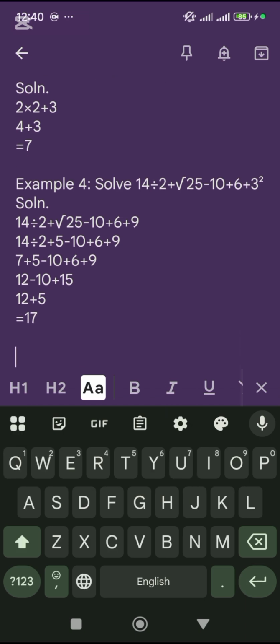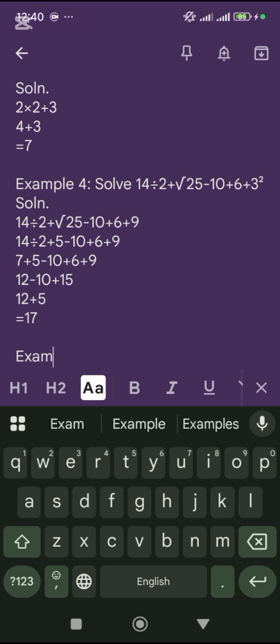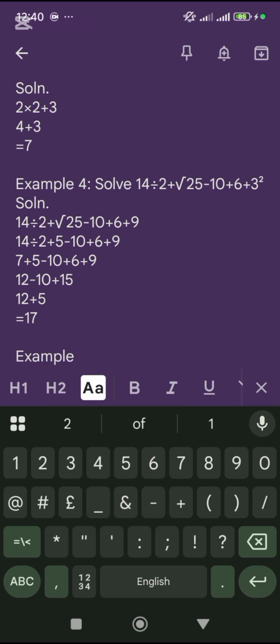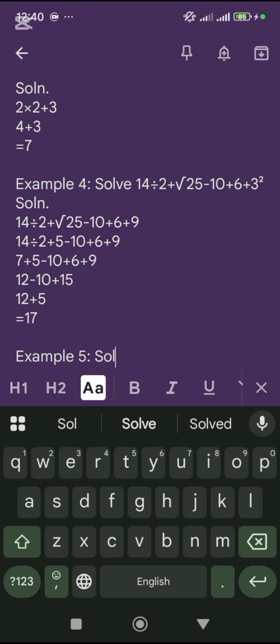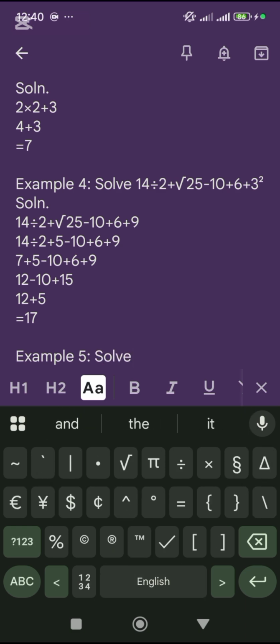All right, let's take another question that's also challenging. That will be question 5. Solve. We have multiple brackets. You recall what I have said in the previous video on brackets.